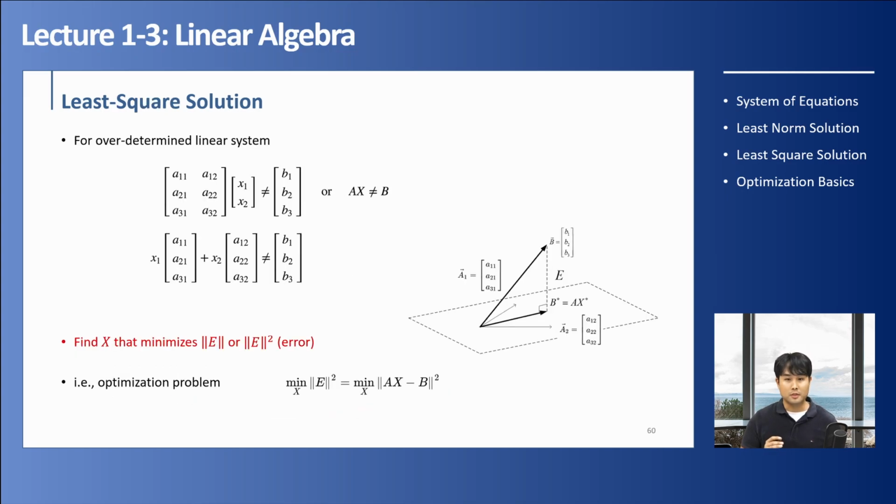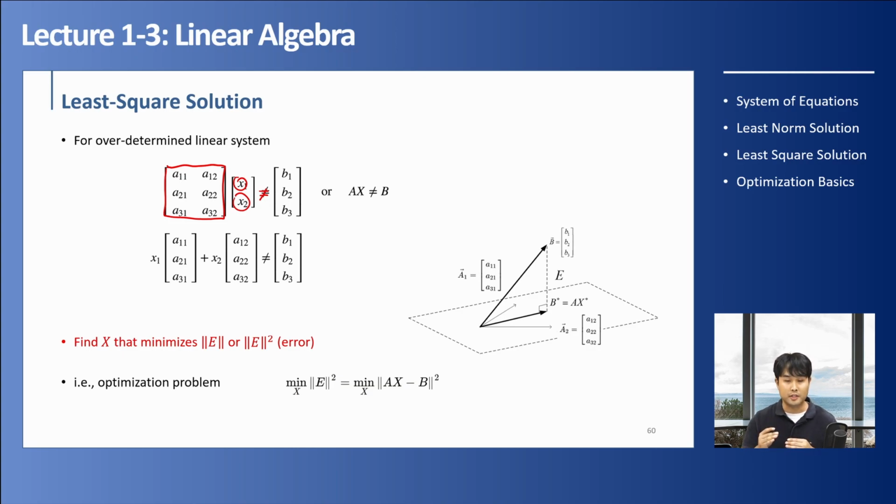Now for overdetermined systems, which is typically the case we encounter in machine learning, we have a skinny or tall matrix. And just like I've described, we cannot find the values of x1 and x2 or the solution that satisfies all of these equations at the same time.